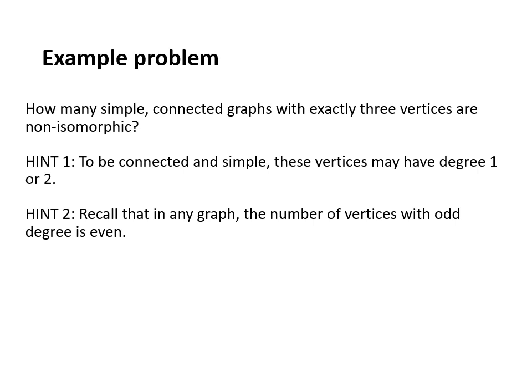Also recall that in any graph, the number of vertices with odd degrees is even. If we try to enumerate these graphs, which is pretty easy because they only have 3 vertices, we will quickly notice that there are only 2 such non-isomorphic graphs.